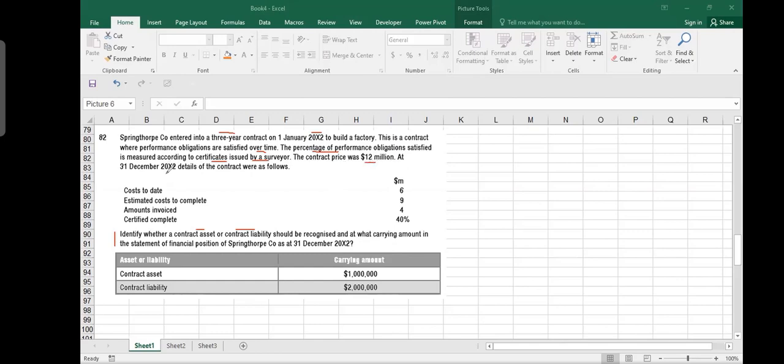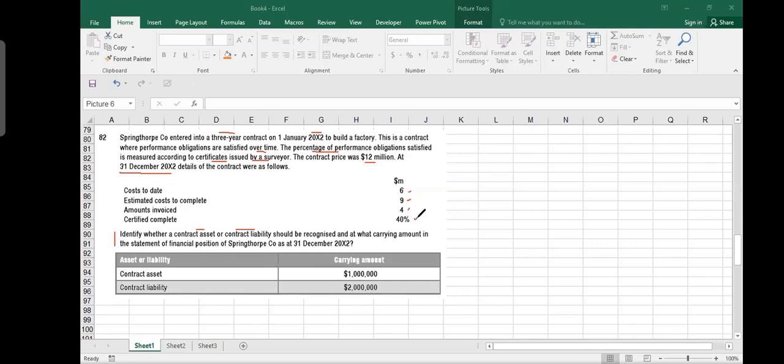At 31st December 2002, which means exactly after 1 year, details of the contract were as follows. Cost to date 6 million, estimated to complete 9, so total cost will be 15. Already invoiced amount 4 million, certified completed work is 40%. So how much is contract asset?